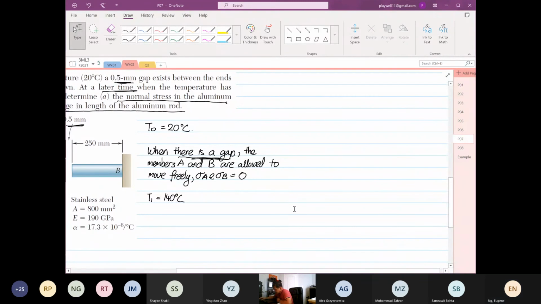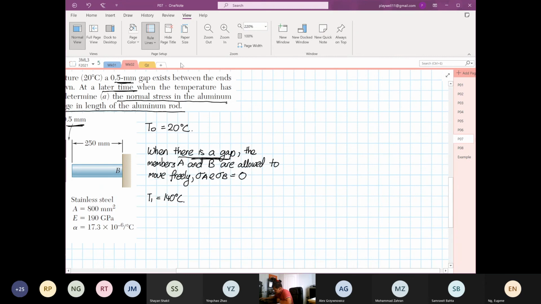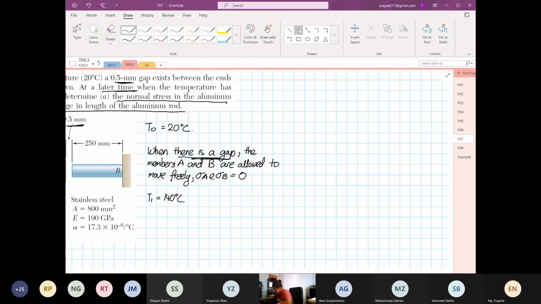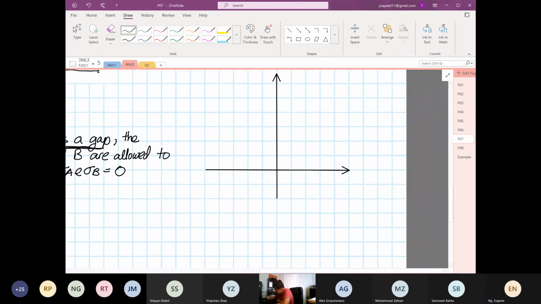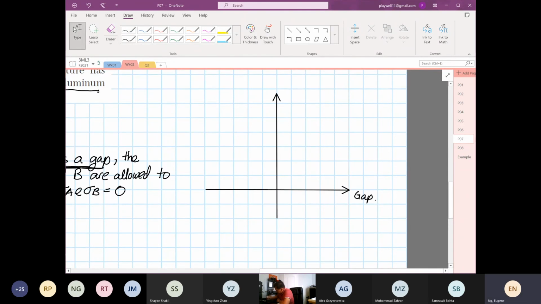Now I'm going to draw a graph. This is the gap, and this is the stress on the aluminum or the stress of the stainless steel.